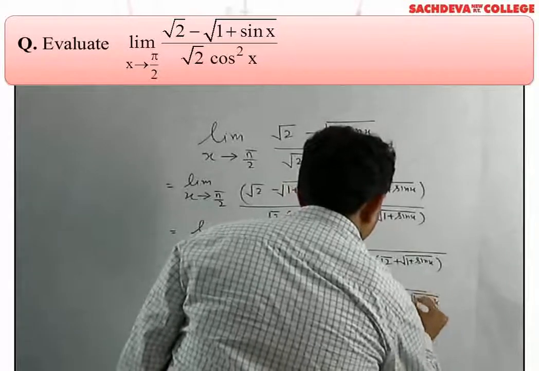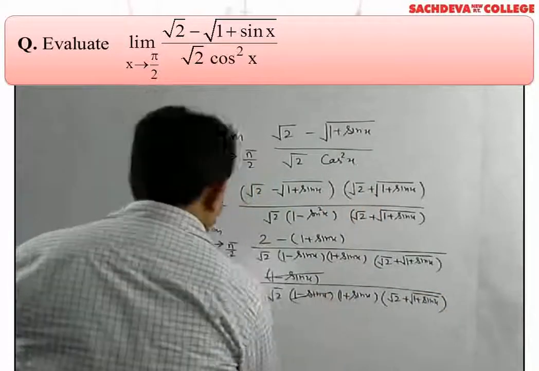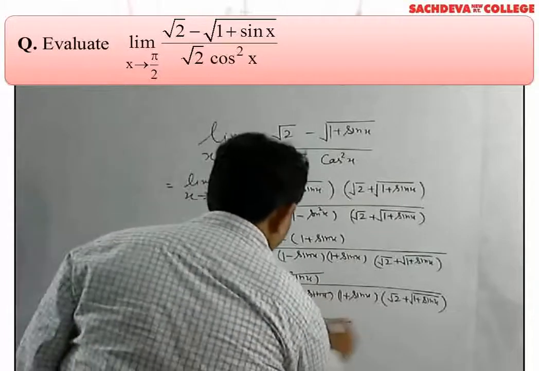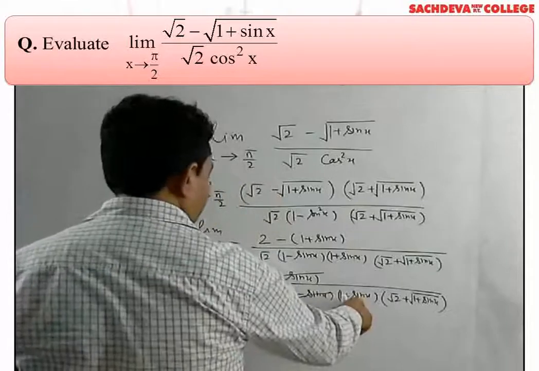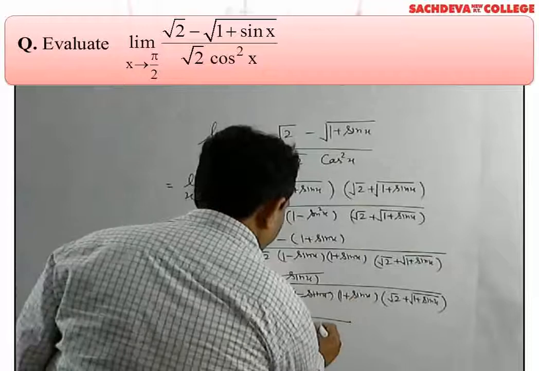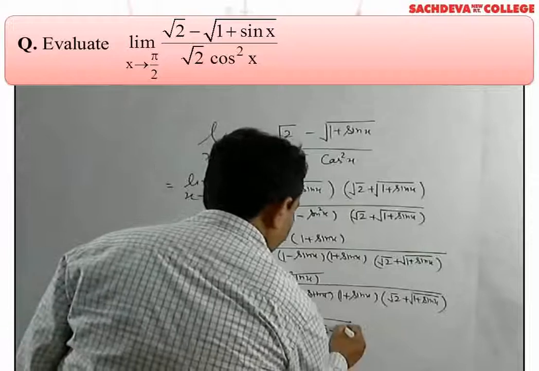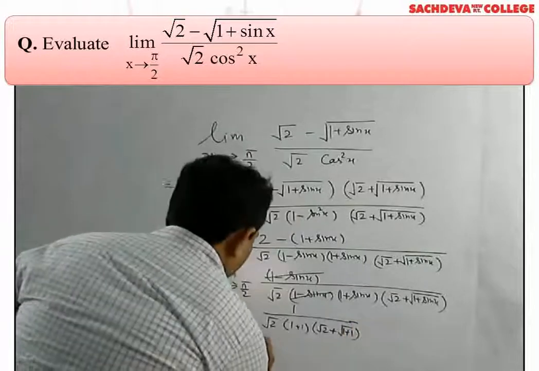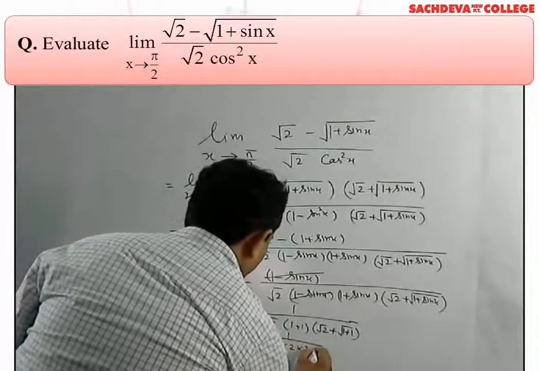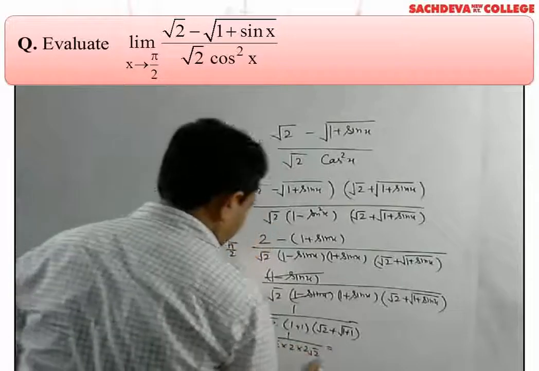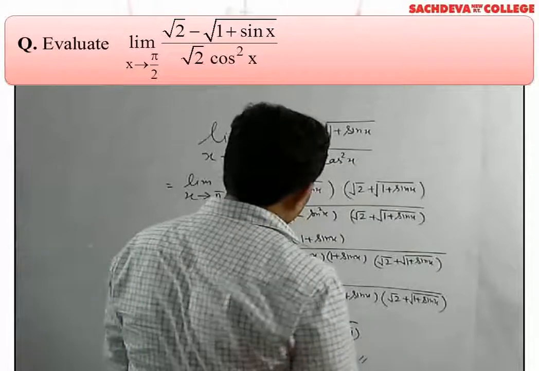This cancels by this, and if we apply the limit here, then we find 1 upon root 2 into (1 + sin pi by 2, which is 1, so 1 + 1) into (root 2 plus root(1 + sin pi by 2, which is 1)), which will be equal to 1 upon root 2 into 2 into 2 root 2, or is equal to 1 upon 8. It means the answer of the given problem is 1 by 8 here.